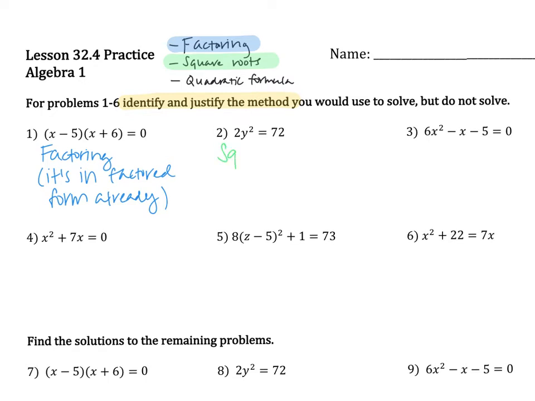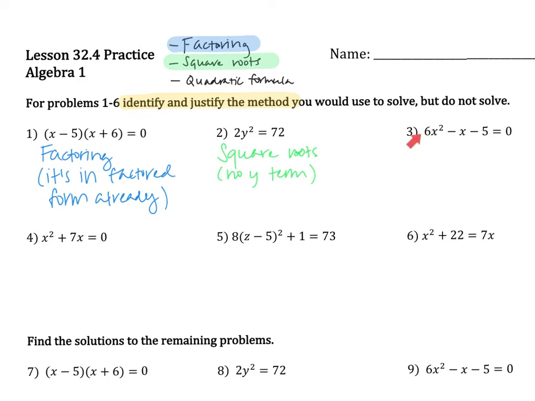So we're going to go ahead and say square roots would be the best way to approach this. Now, it's best to use this method since there's no y term.